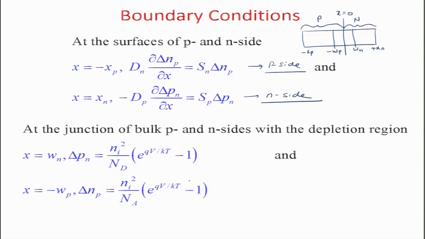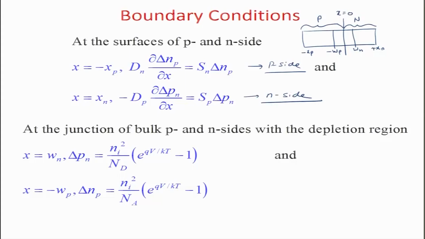V is nothing but the applied voltage, as we have got from the previous analysis of the PN junction in dark. So these conditions are similar to what we saw in dark. At the boundary, delta Pn is equal to Ni square by Nd exponential qV by kT minus 1, and at minus Wp, delta Np is equal to the same Ni square by Na into exponential qV by kT minus 1. So these are the boundary conditions at the surfaces of the P and N side and at the junction of the P and N sides with the depletion region.